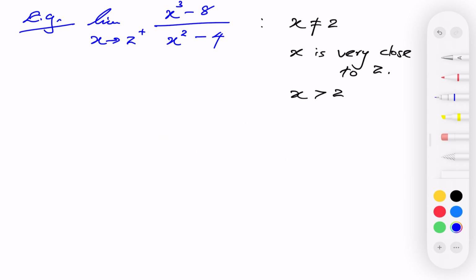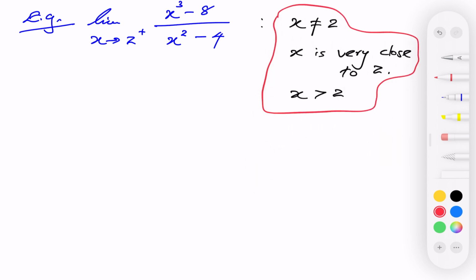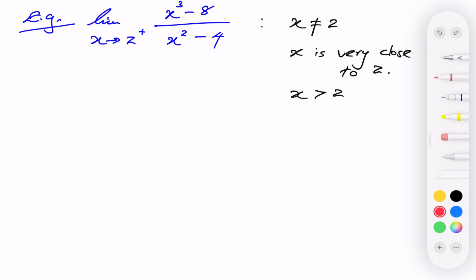Now I'm going to solve this problem using a numerical method. That means basically I need to select a candidate value for x which will satisfy all three conditions given here. So what is a possible value? Well, x cannot be equal to 2, x must be very, very close to 2, and x must be larger than 2. How about trying a value such as x equals 2.0001?